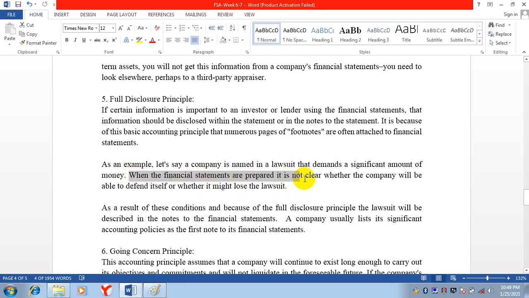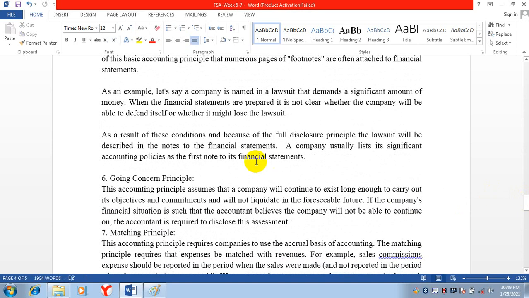If you don't know, what will happen? You will disclose that there is a lawsuit against the company in the court, and there is a possibility that we will win or a possibility that we will lose. As a result of these conditions and because of the full disclosure principle, the lawsuit will be described in the notes to the financial statements.